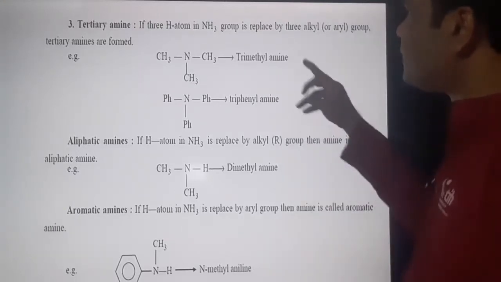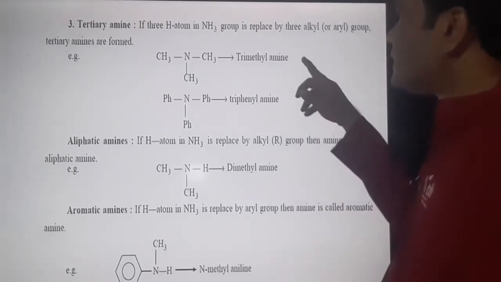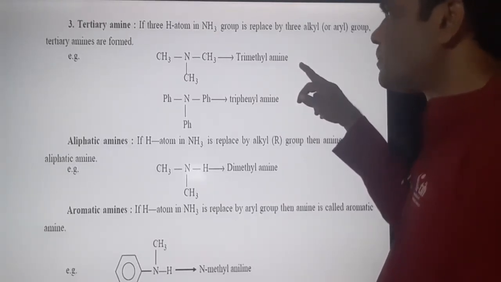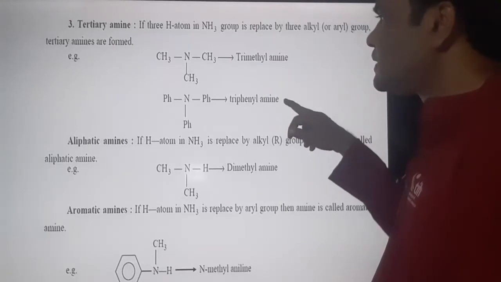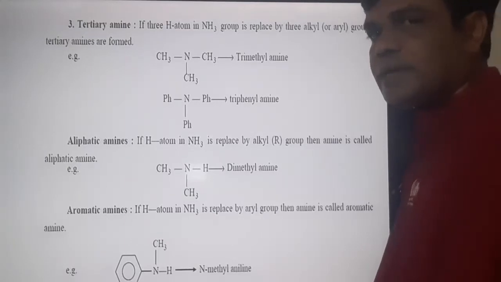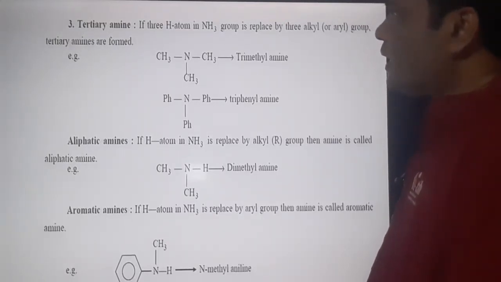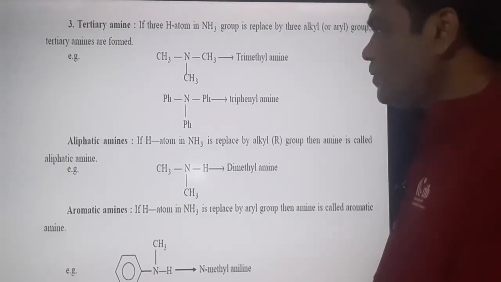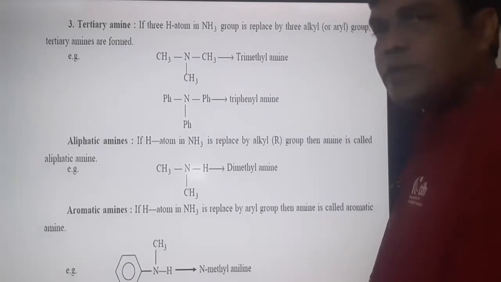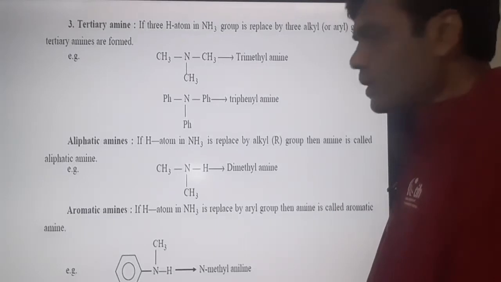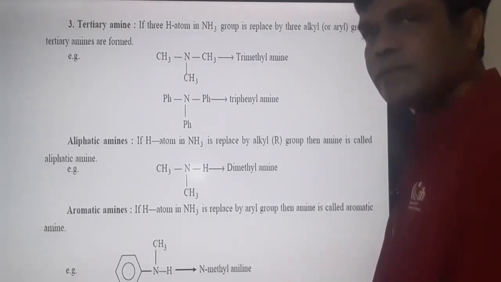Similarly, tertiary amine, here two examples are given. This is trimethylamine because all the three hydrogens of ammonia are replaced by methyl group, and this is triphenylamine because three hydrogens of ammonia are replaced by phenyl groups. Okay, so primary amine, secondary amine, tertiary amine. Now, as I told you that depending upon the alkyl groups or aryl group attached to the nitrogen, there are aliphatic amines or aromatic amines.